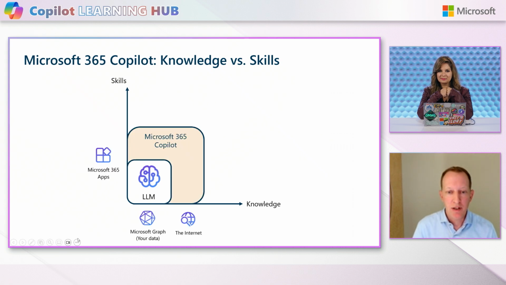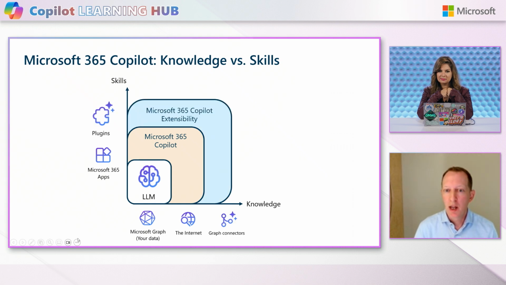But then when you add Microsoft 365 Copilot, you add extra knowledge like Microsoft Graph, your data that you use every day. You add the internet as a knowledge source, and you add skills to Microsoft 365 apps like Outlook and PowerPoint and Word. And now we have this extensibility story. You can extend Copilot with either a graph connector, then you add additional knowledge that you have maybe in your line of business applications, or you can create plugins. And these plugins add skills to the Microsoft 365 Copilot.